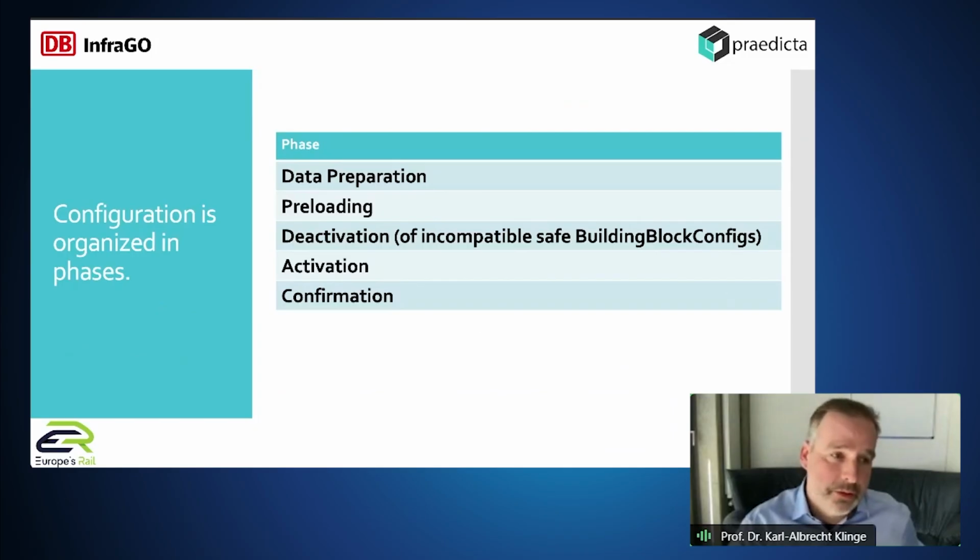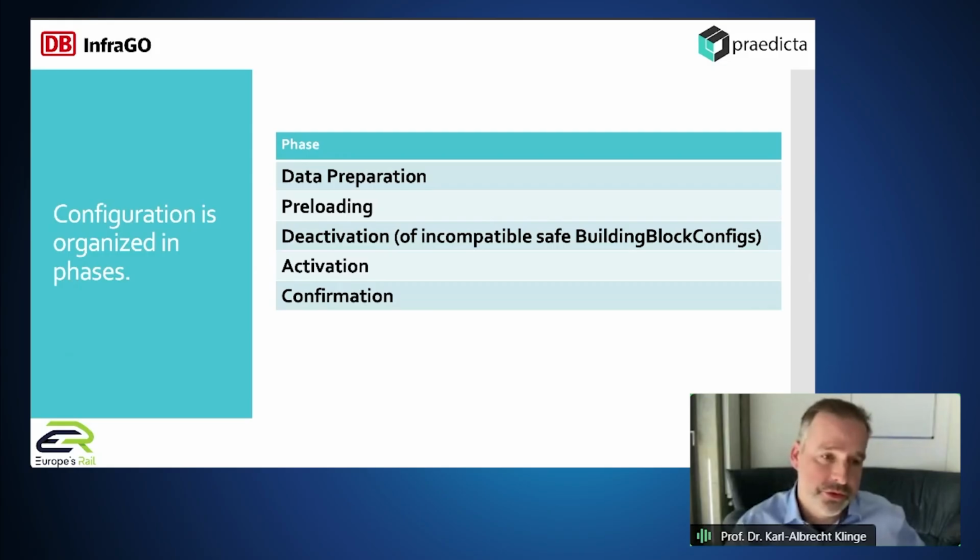And if you go through the different phases of this configuration, then we have the data preparation phase. We are doing the preloading, which can be done during operation. And then we have the deactivation of the incompatible safe building blocks. So you see in the dependency trees what the versions have been before and after. And the safe ones have to go out of operation, so that you really have a clear point in time where you have your version switch, the top-level release version switch.